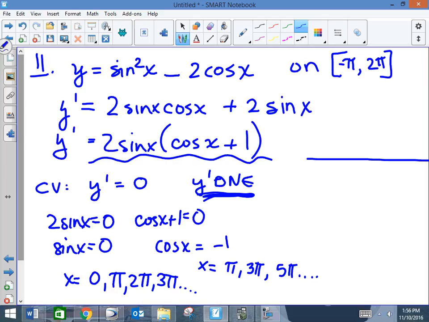If that's not there, then it will be, but for the most part. Okay, so -pi is a 0, right? That would be one of these guys, right? -pi is the same value as pi, right? Okay, we're going to start there. 0, pi, 2 pi. Okay, so here's all my critical values.